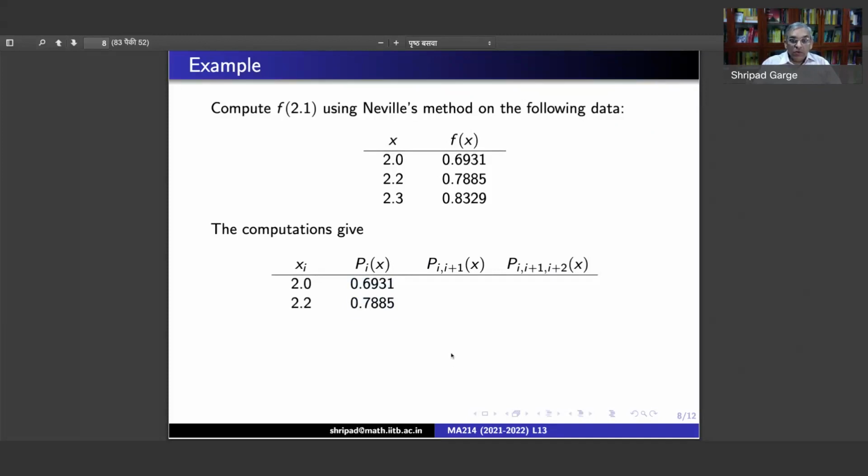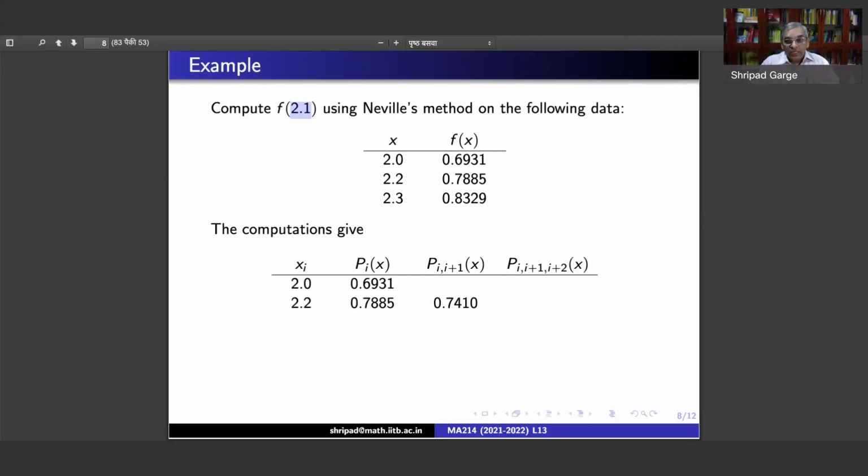Okay, and now we need to complete the triangle. In Neville's formula we have a place for x, and at that point we put the value 2.1. So we convert Neville's formula for computing polynomials into a formula for computing the value of that polynomial without really worrying what the polynomial is. We just plug in the values of x.